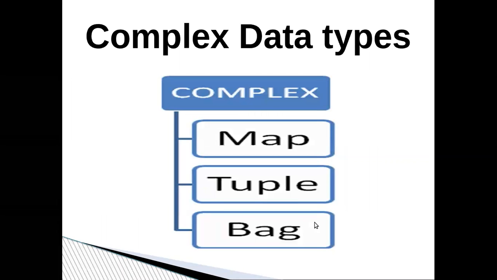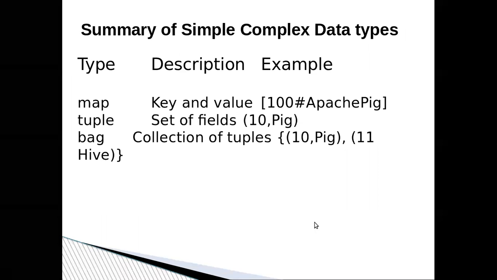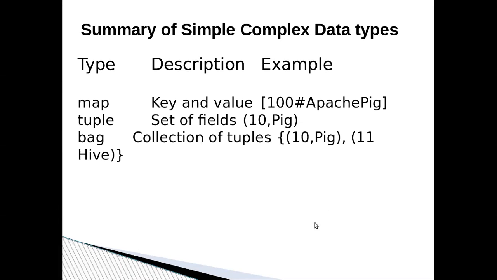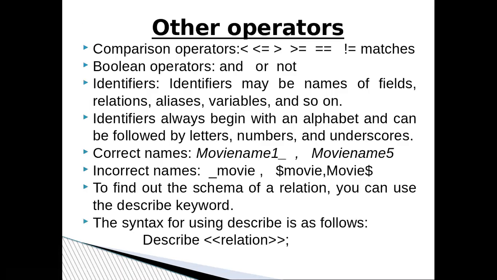Then in complex data types, we have maps, tuples, and bags. You've used each one of them. Map is a key value combination, tuple is a set of fields, bag is a collection of tuples. We have other operators also, you use them: greater than, less than, relational comparison operators. You combine the conditions with the Boolean operators.